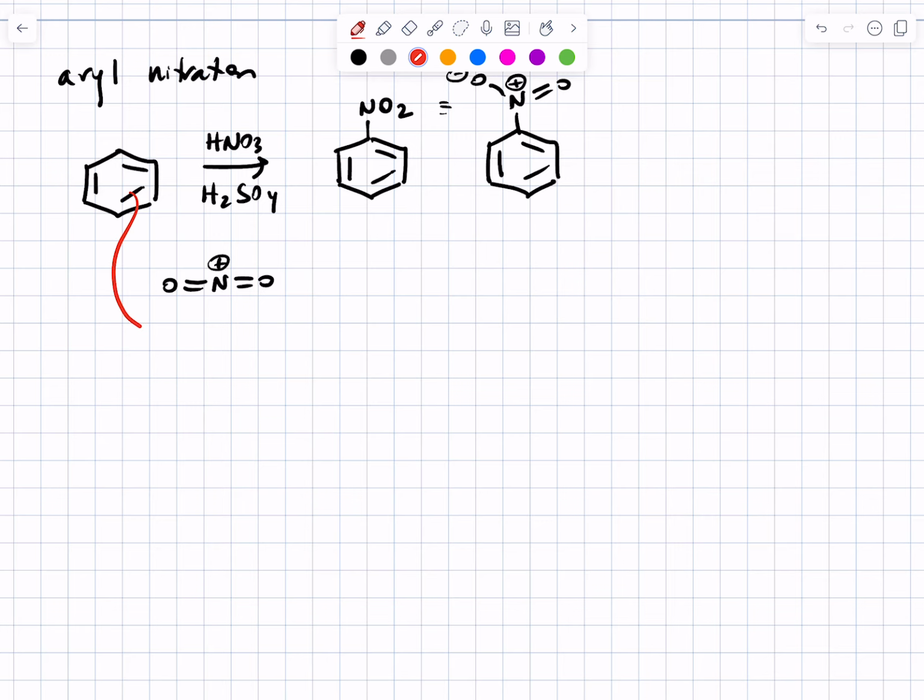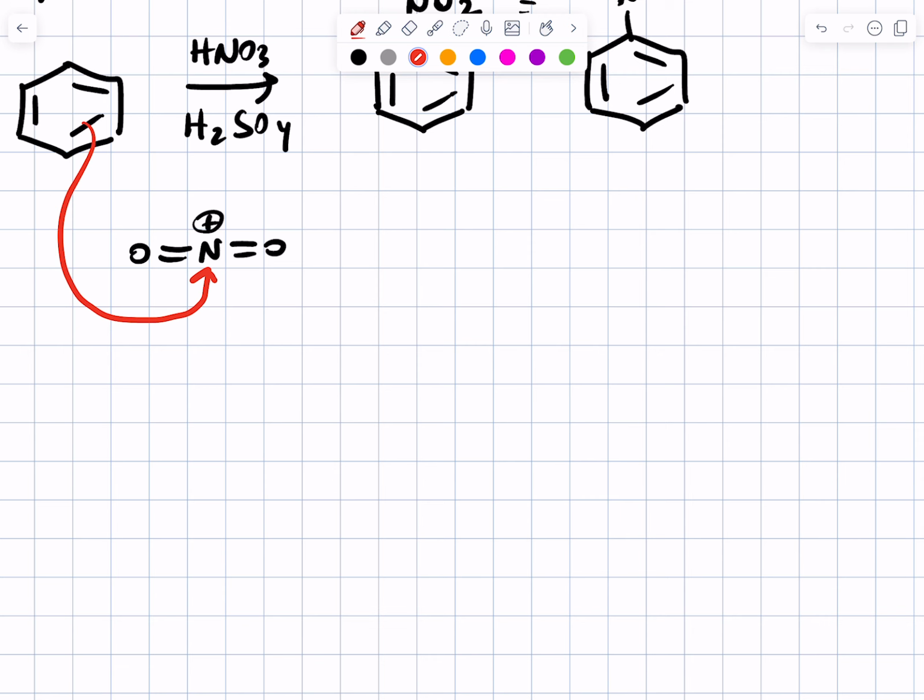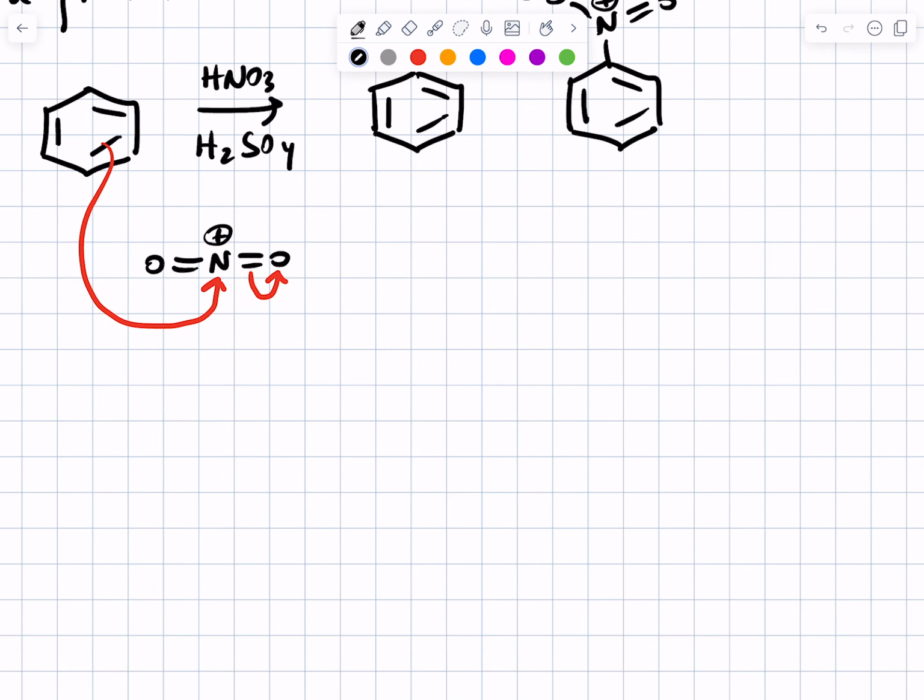So what happens next is the pi bond of benzene attacks the electrophile at the positively charged nitrogen, and we have to break a nitrogen-oxygen pi bond in much the same way that we did in carbonyl chemistry. We make a new carbon-nitrogen bond, and then the other carbon from that pi bond has a positive charge on it.